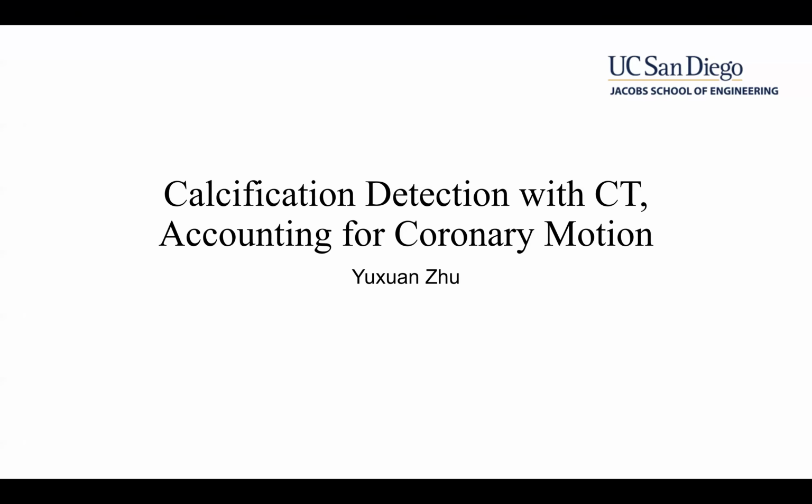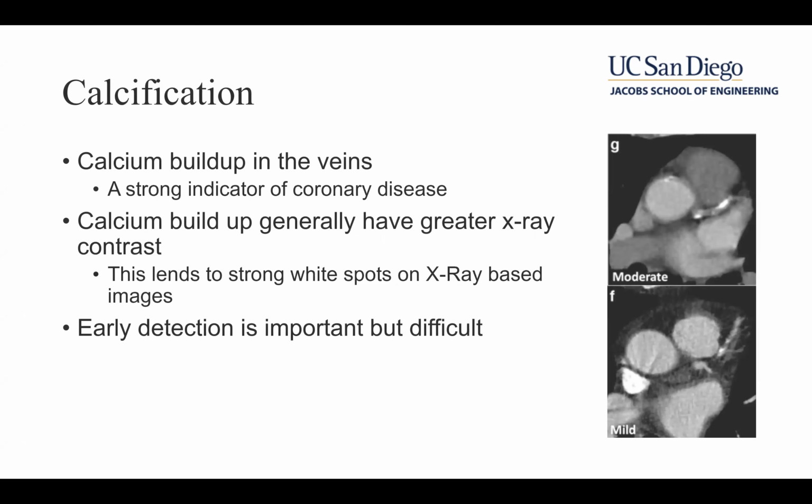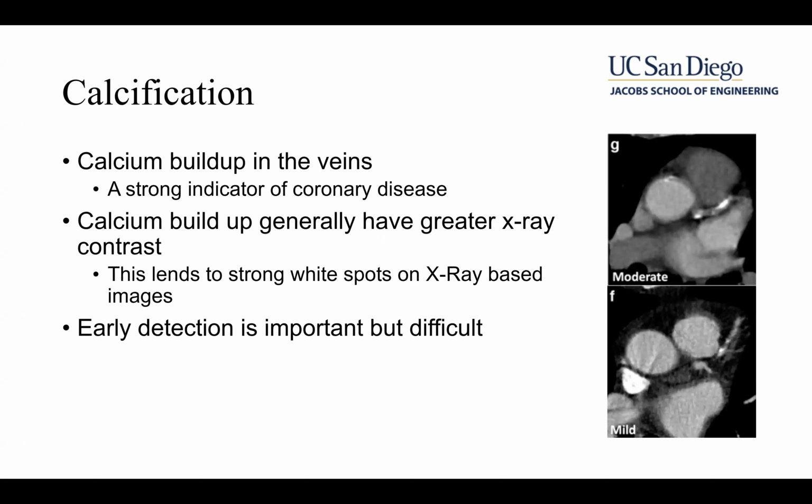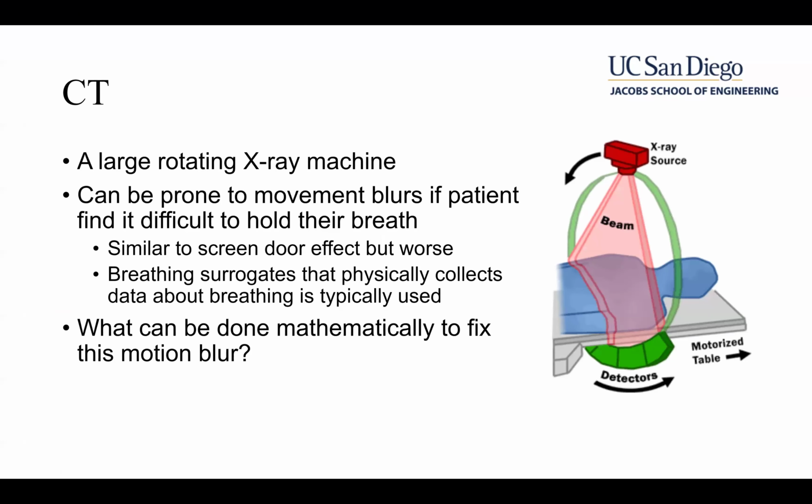So my project was on calcification detection with CT while trying to account for motion. Others have already gone over calcification in CT, so I'll just hit the main points, which is that calcification can be difficult to detect early on, and since CT requires time to take the picture due to the fact that it needs to make a rotation, it can be prone to motion blurs.